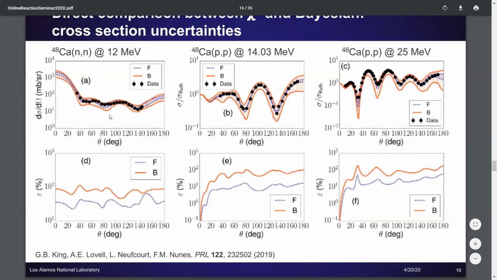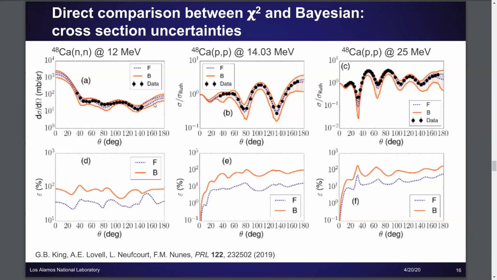You can directly see here that the chi-square calculations produce significantly smaller confidence intervals than the Bayesian do. And here, the fits look really nice. Even with the chi-square, you go through all the data in each of these three cases.